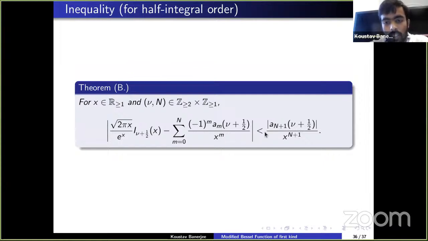This can be bounded by the absolute value of the next term of the expansion, the absolute value of a_{n+1} times nu plus half divided by x to the power. This is why I believe Brinkman said it is necessary to estimate the asymptotic expansion. Although the asymptotic expansion is known, such a formulation was not known in the literature.